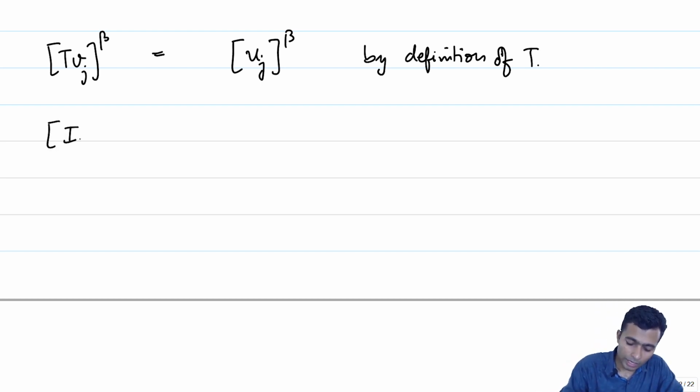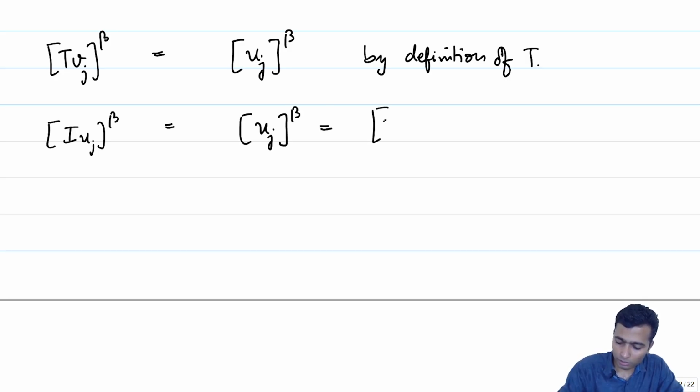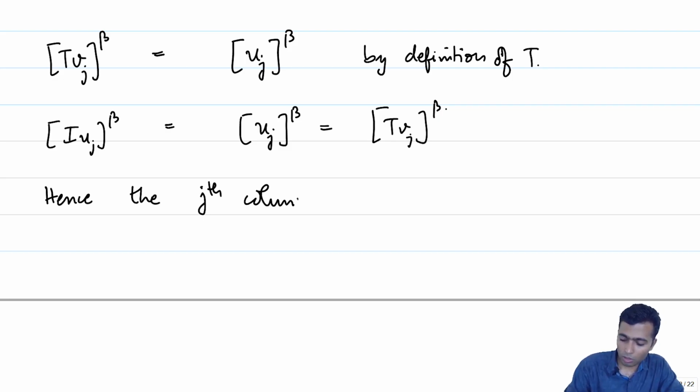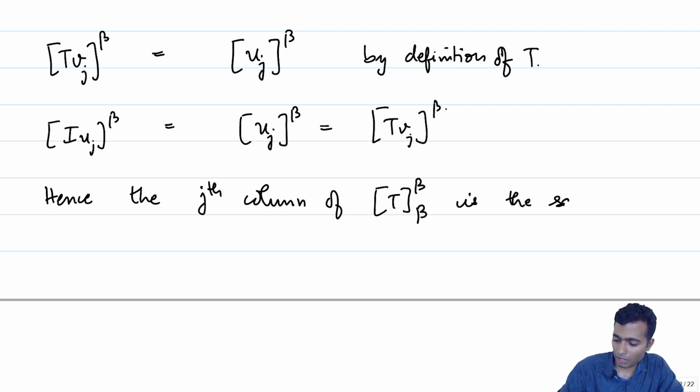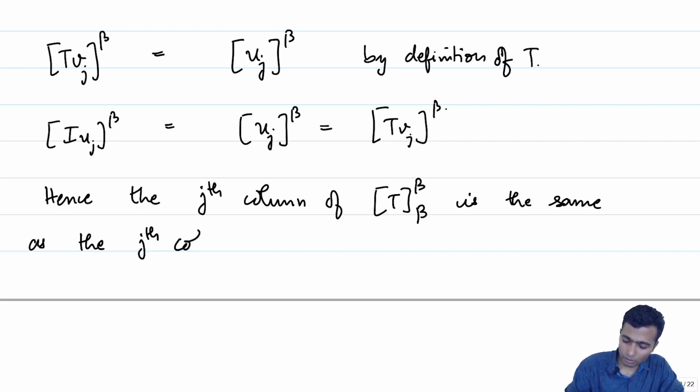How about I Uj with respect to beta? This I Uj is the identity map on Uj, which is again Uj with respect to beta, which is equal to TVj with respect to beta. Hence the jth column of T beta beta is the same as the jth column of I alpha beta.